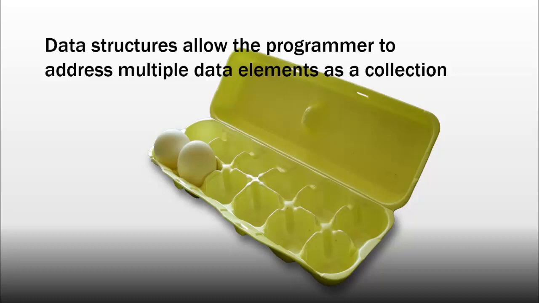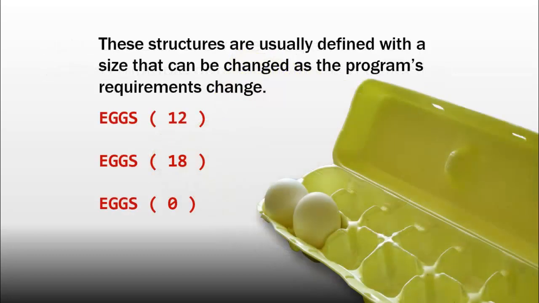So in the case of our eggs here, rather than declaring egg 1, egg 2, egg 3, a data structure in most cases allows us to call a collection of data elements by a single name. These structures can be defined usually with a specific size, and then we can modify that size within the operation of the program to accommodate differing needs.